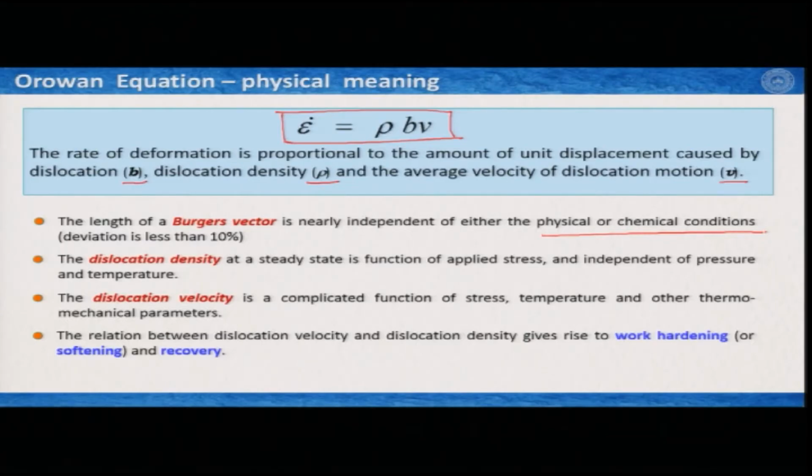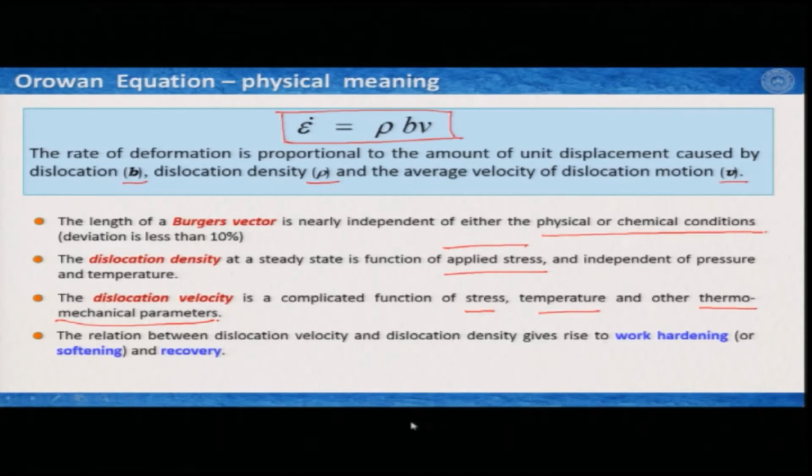The dislocation density at a steady state is a function of the applied stress, and it is independent of pressure and temperature. Dislocation velocity, on the other hand, is a very complicated function of stress, temperature and several other thermomechanical parameters.